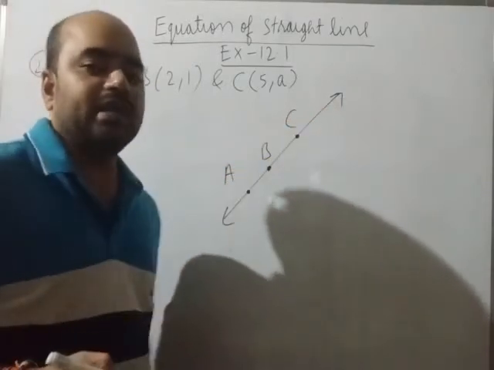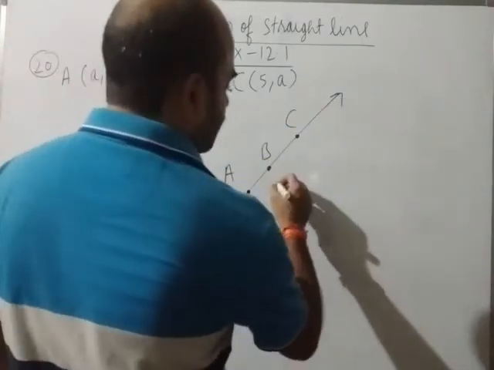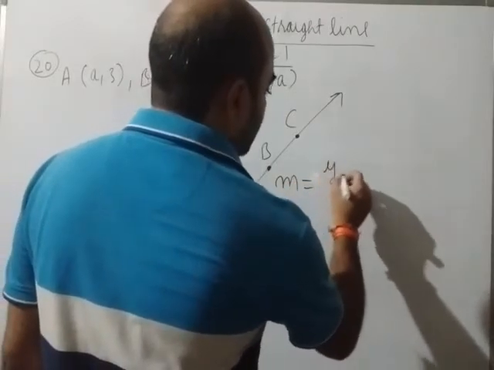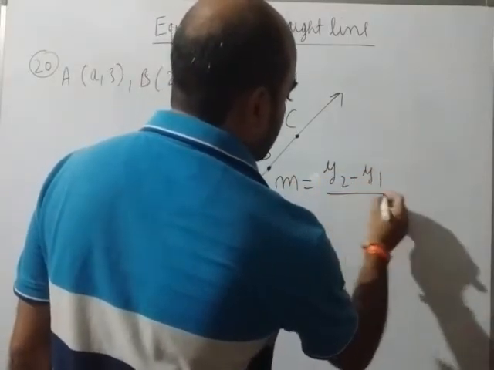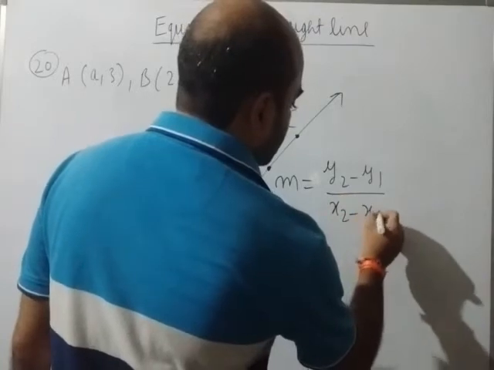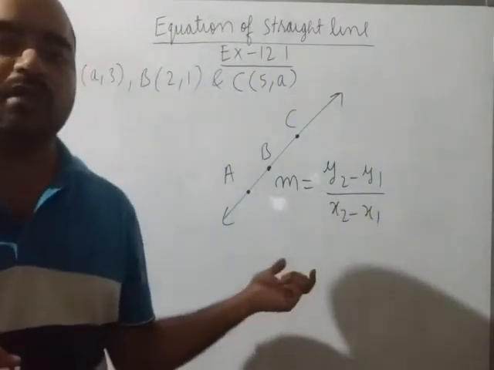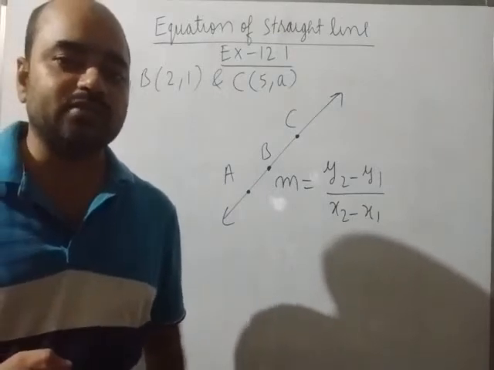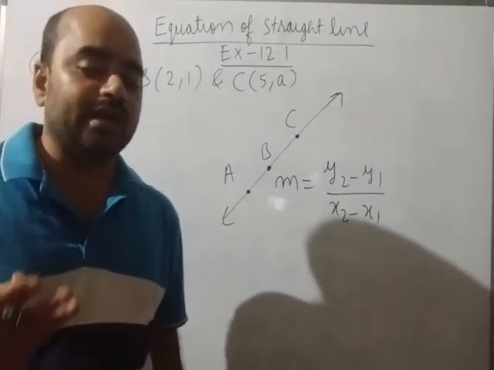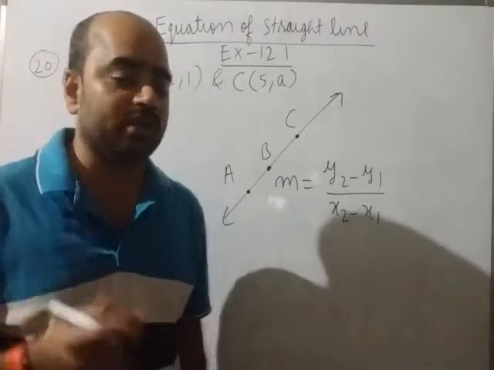If you calculate the slope using a formula, which formula? The 2-point formula, y2 minus y1 upon x2 minus x1. We can apply this formula for slope when 2 points are given and the line is passing through the 2 given points.